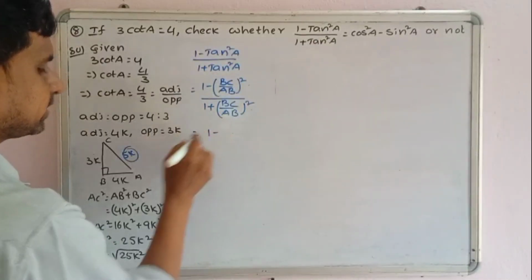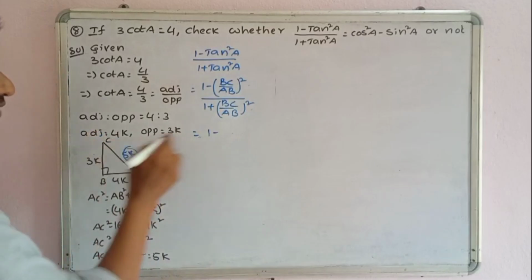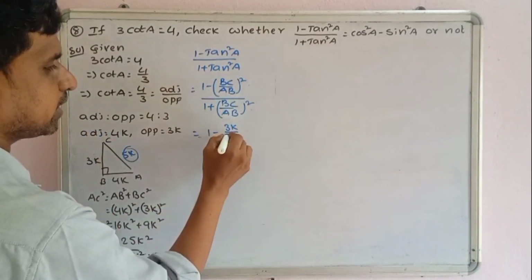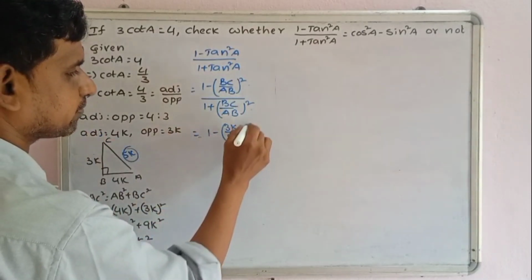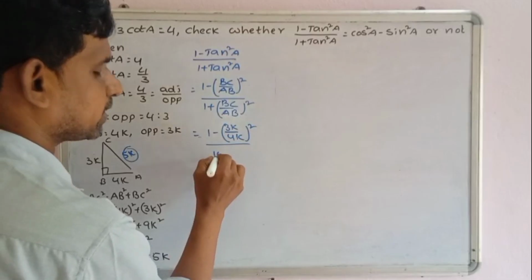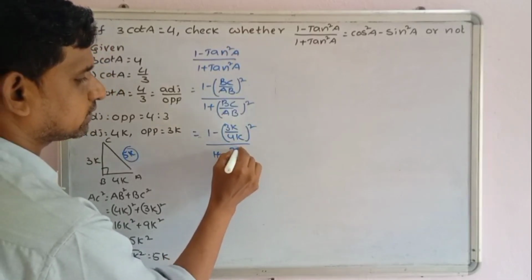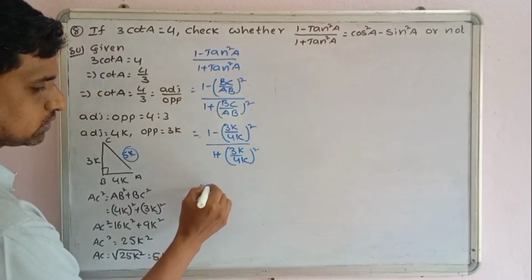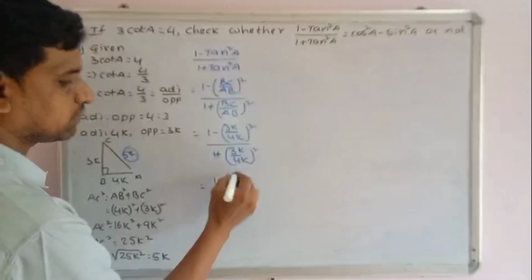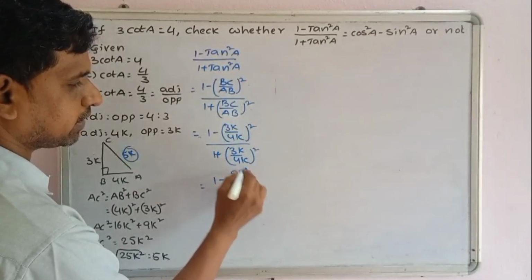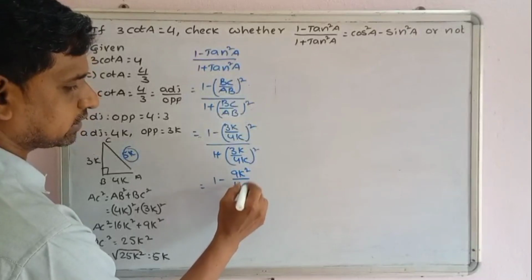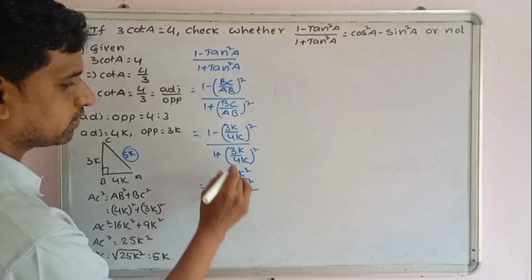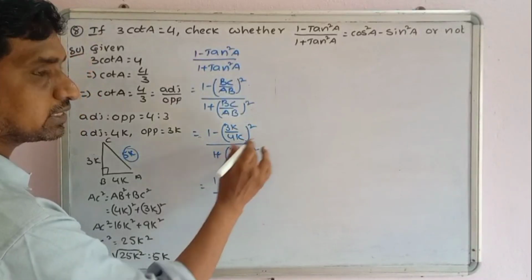That equals 1 minus (BC value 3k) by (AB value 4k) square, by 1 plus (3k by 4k) whole square. That equals 1 minus 3 square, 9k square, by 4 square, 16k square, over 1 plus 3 square k square.